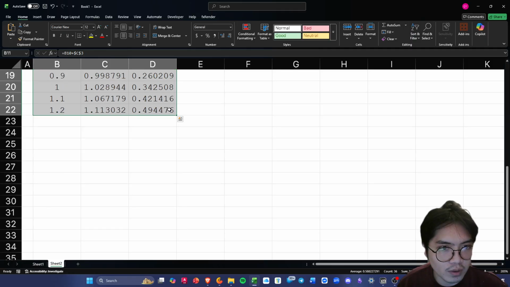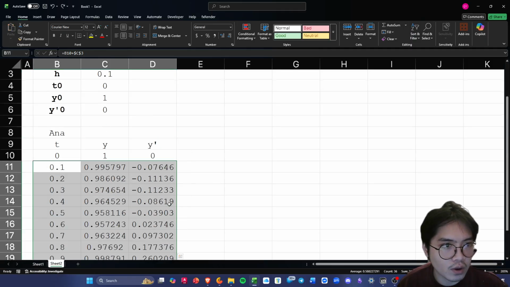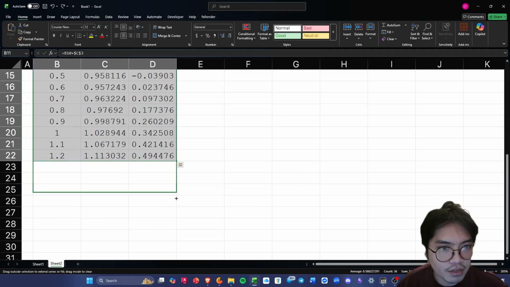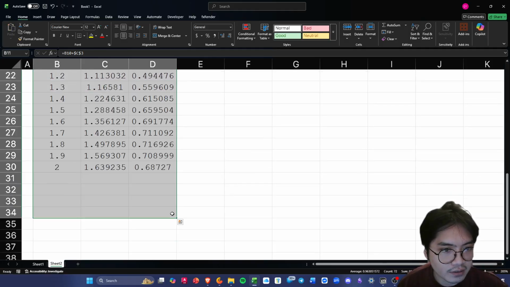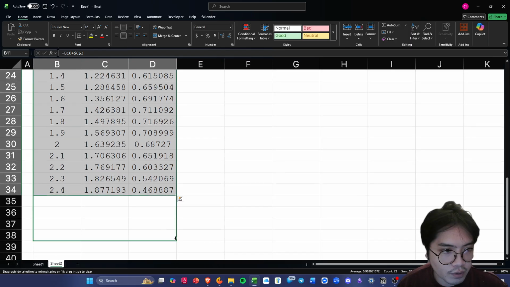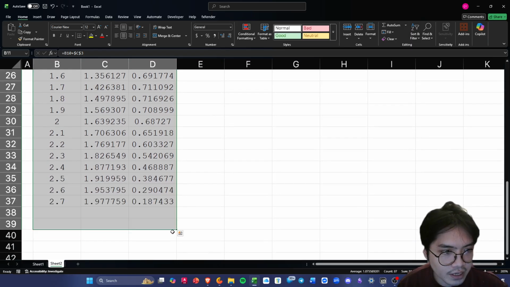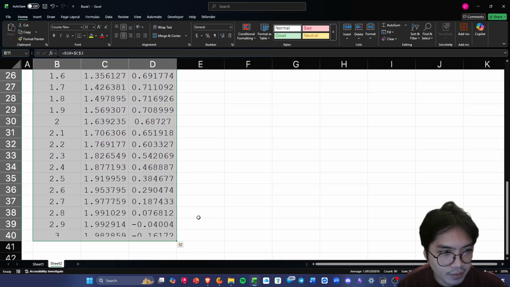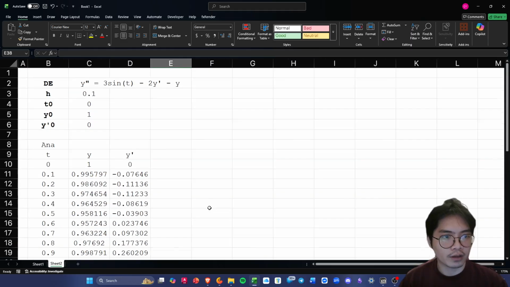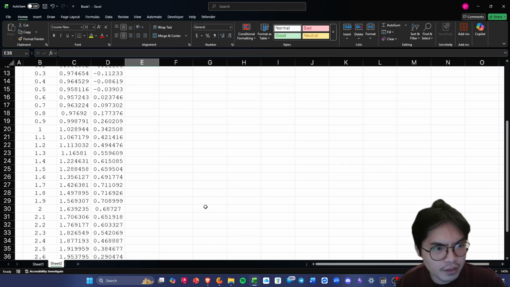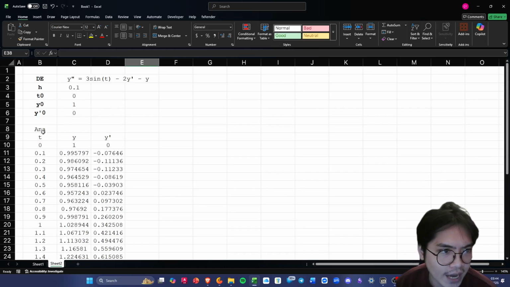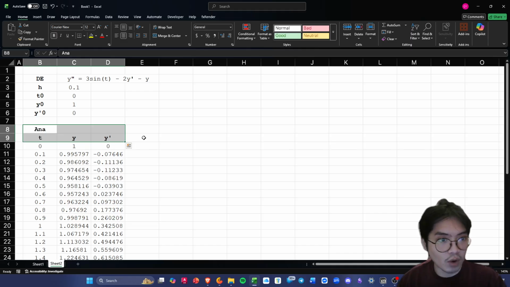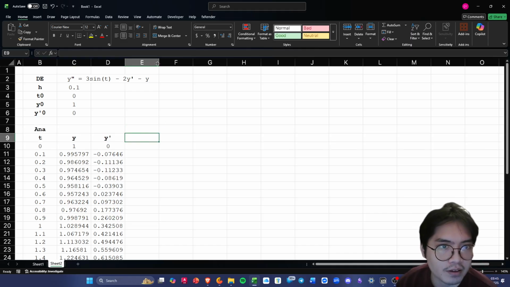Let's zoom out a little bit and go up until 30 again: 4, 5, 6, 7, 8, 9, 30. There you go. So those are our analytical values of y and y prime, if you want to think about it that way.